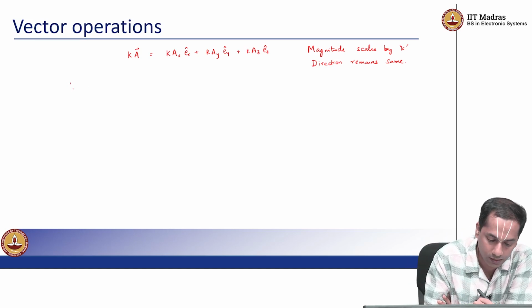So the next is the rules of summation with other vectors.